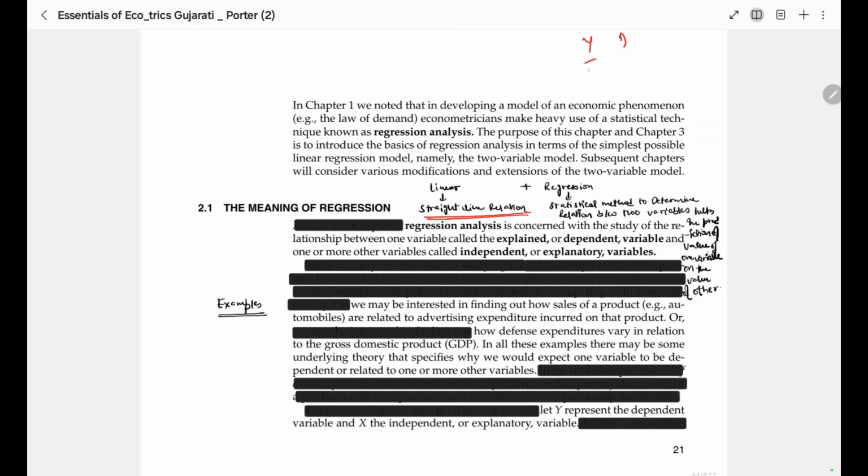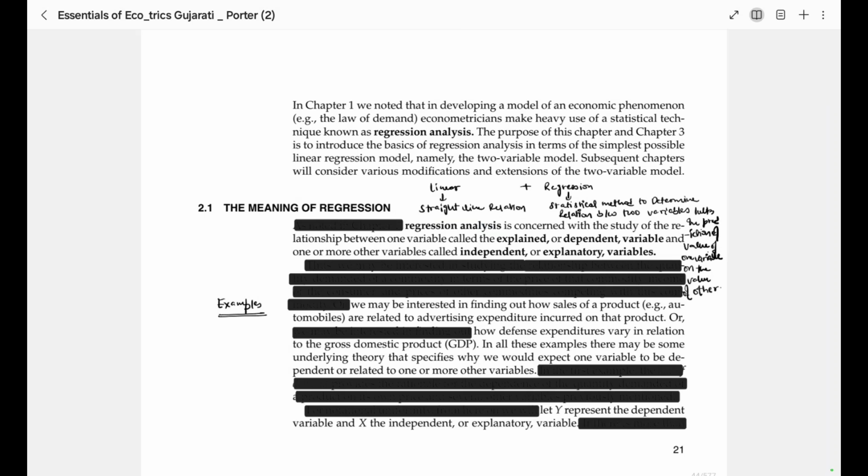If we have values of income given, we can find out the values of demand. That is what regression means here. From the values of one variable we are going to find the values of another variable. So this is the basic meaning of the term linear regression, although it is not just that, there are many other things also, but we will get to that as we move ahead.